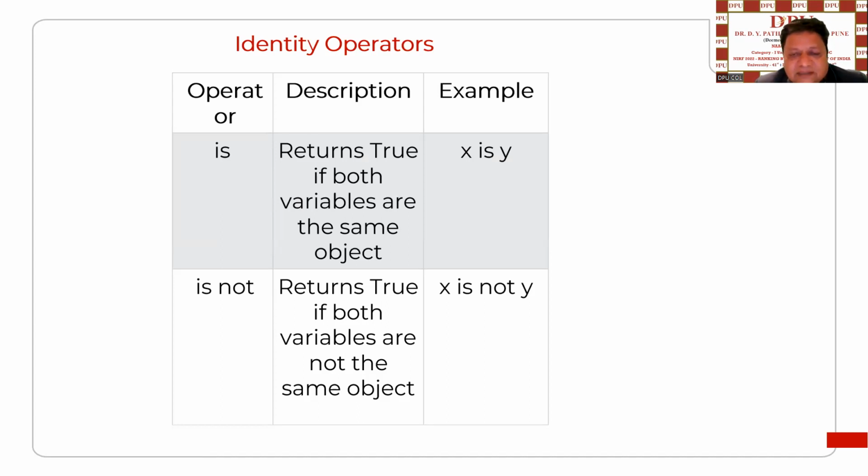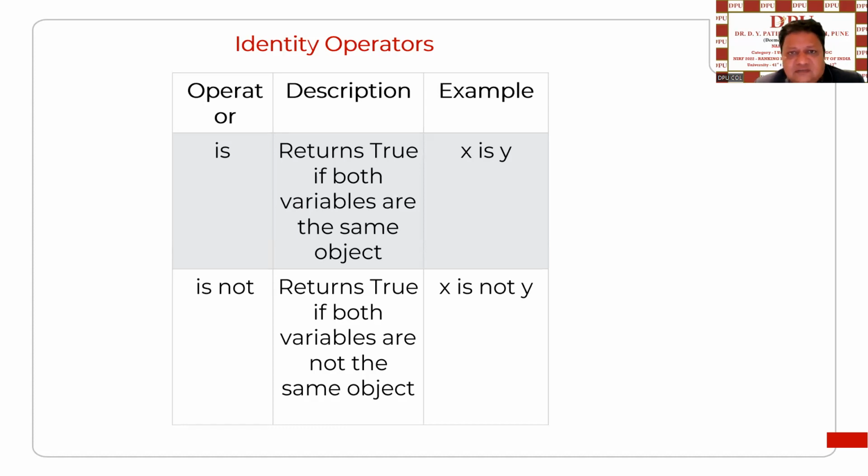Assume that x is a separate memory variable and y is also a separate memory variable. Both variables are stored at different places, isn't it? So now if I use the is identity operator, that is x is y, what will I get?